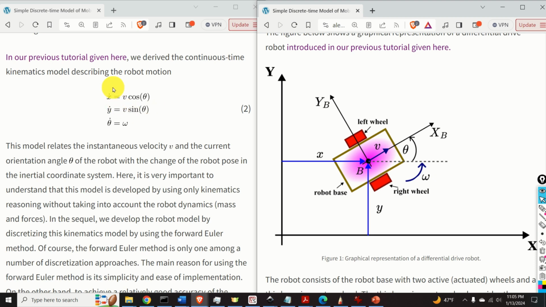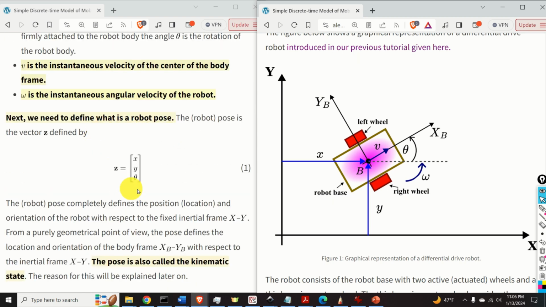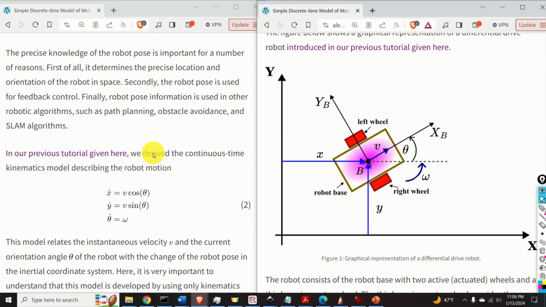You can see that by analyzing the left-hand side of these differential equations. On the left-hand side, you can see x dot, y dot, and theta dot, and that's precisely the first derivative of the pose vector z defined over here.